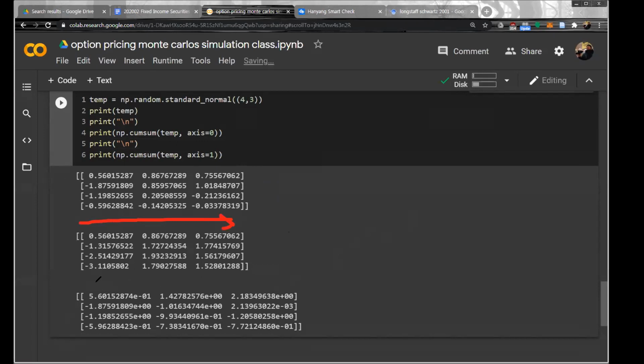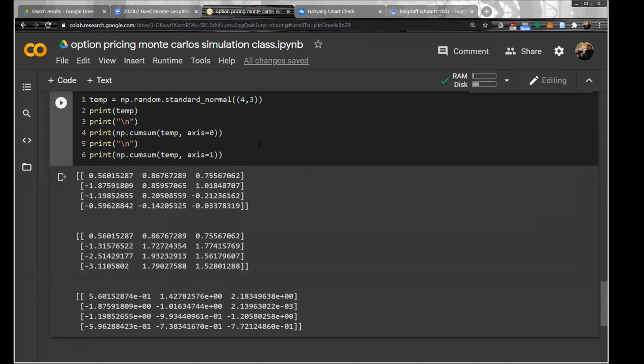This line is the same as this line, right? And then this line is the summation of these two. Okay. If you can see it, they look similar, right? So that is cumsum with axis equal 1 like this. Okay, so far so good.